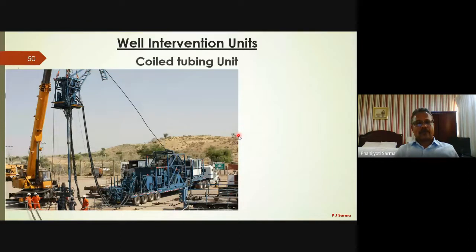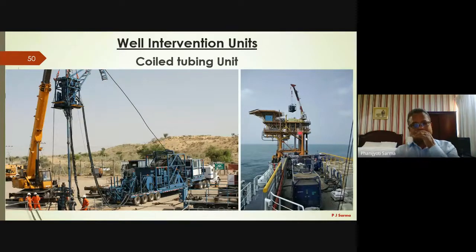And what coil tubing actually is, it is a coil. You can see this is a coil, and the coil is getting intervened into the well by deploying all this pressure control equipment. And the right hand side, this is offshore.